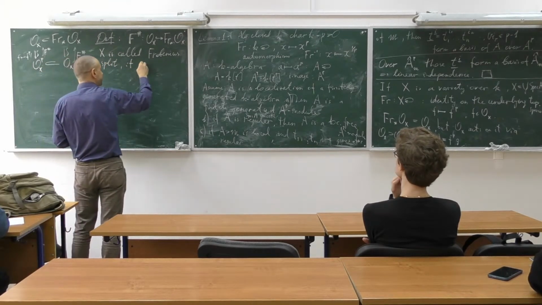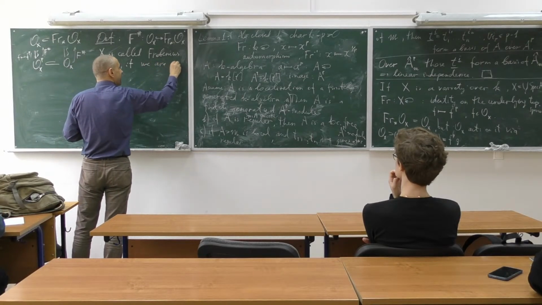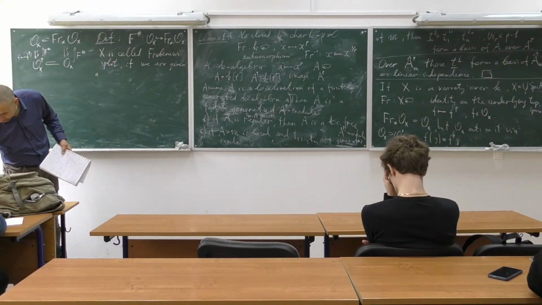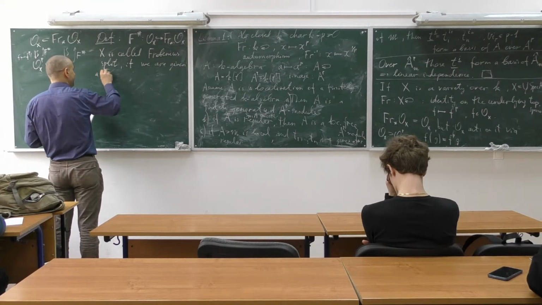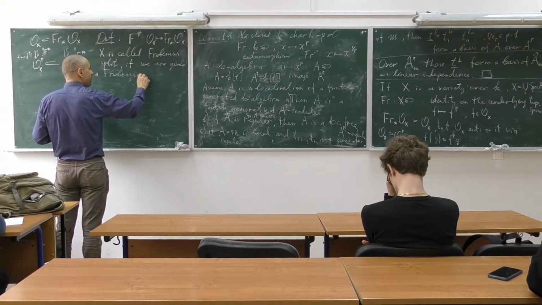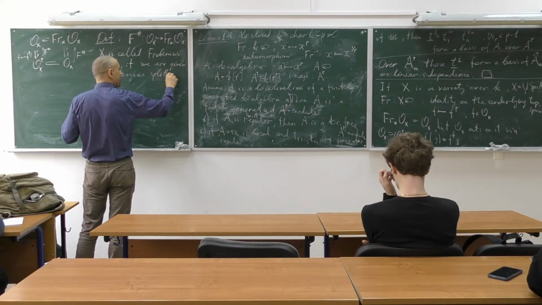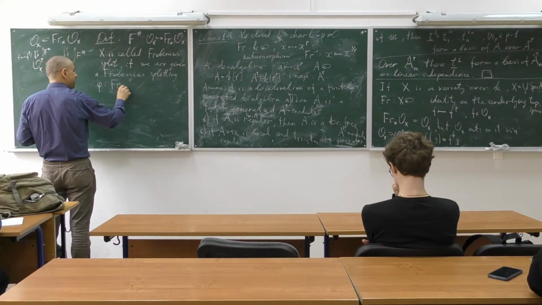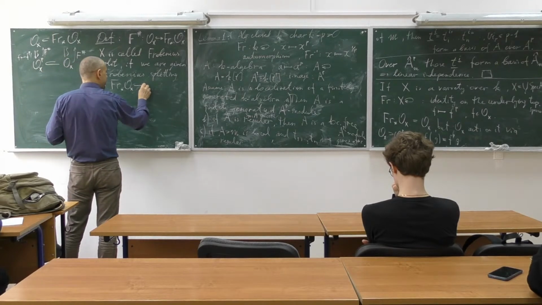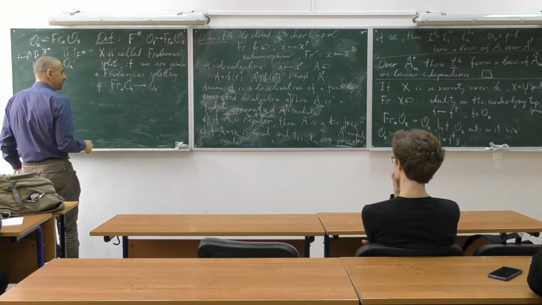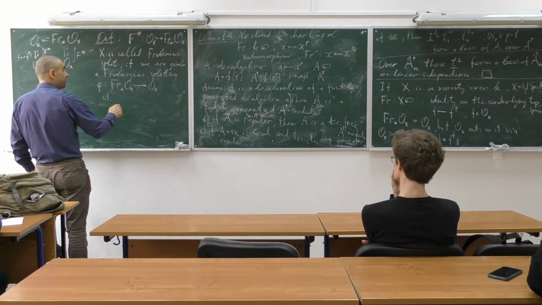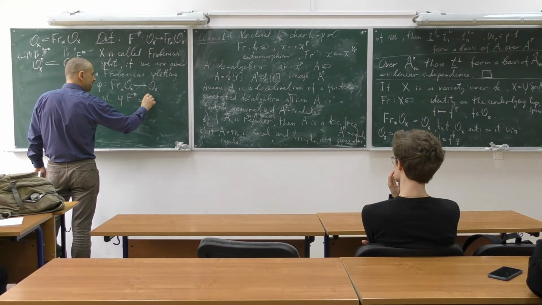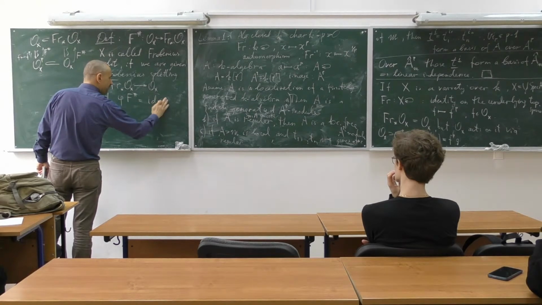If we are given a Frobenius splitting phi from the push forward back to OX, such that the composition of phi with this is the identity of OX.